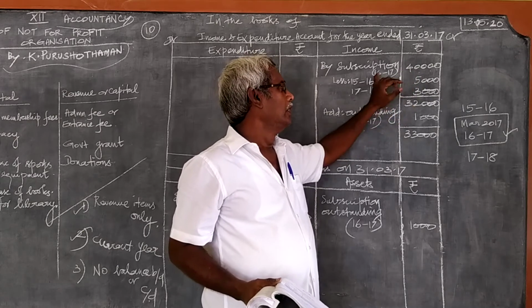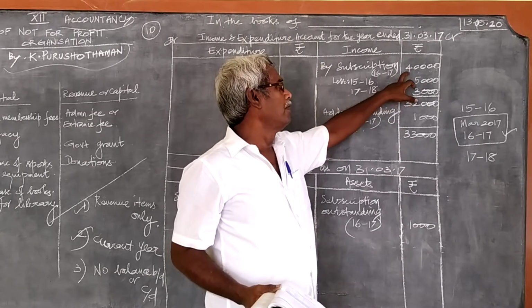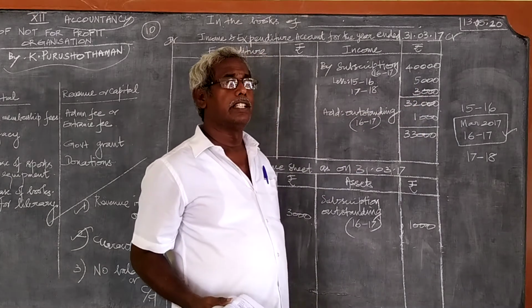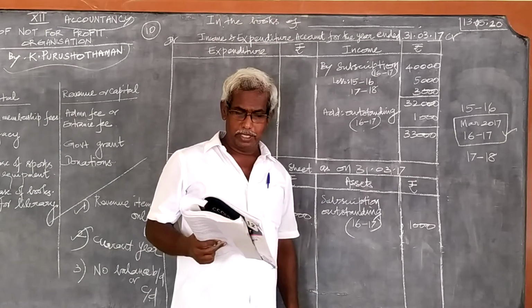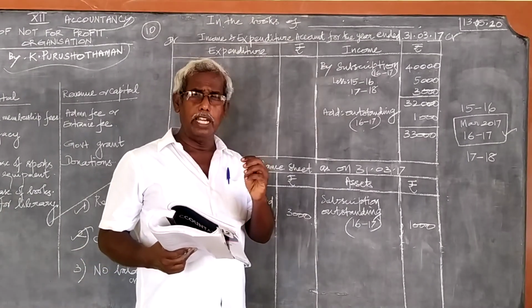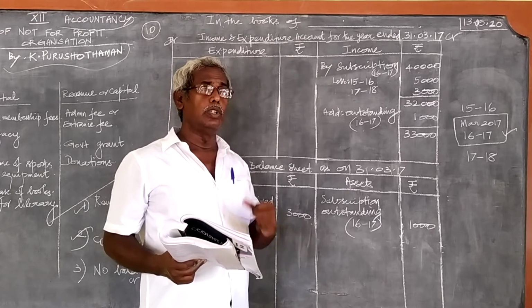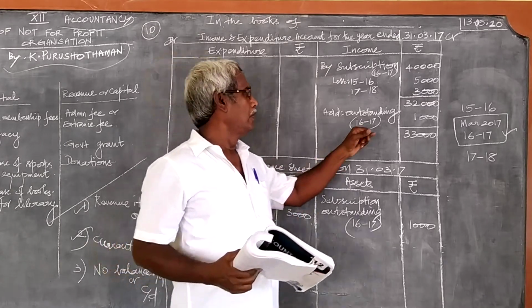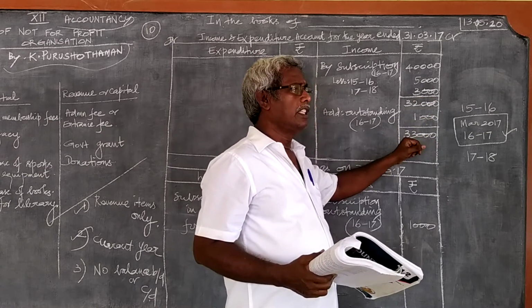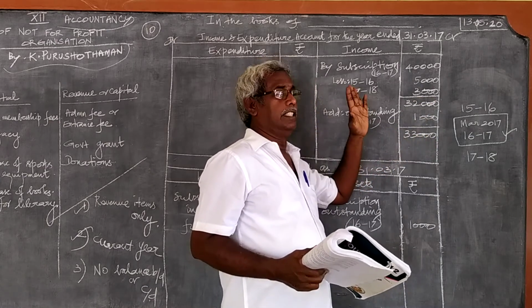For these two years' subscription we should subtract and write 32,000. But the last line says subscription of 1,000 is still outstanding for the year 16-17. So altogether 33,000 we should show there.